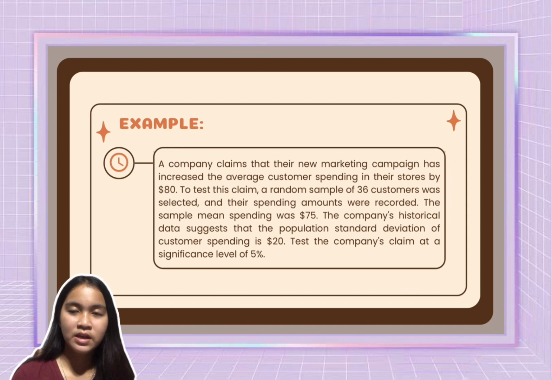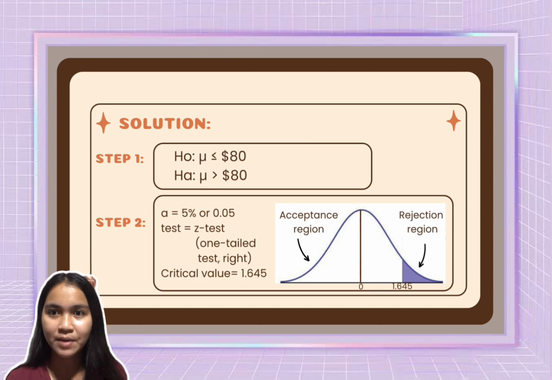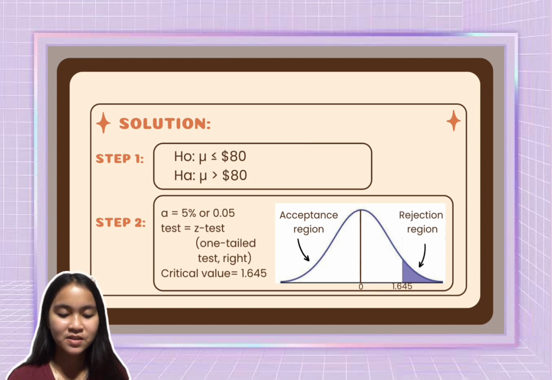And now this is the solution. Step 1 is to identify the null hypothesis and the alternative hypothesis. As we can see, the claim in this example is that the company's new marketing campaign has increased the average customer spending in their stores by $80.